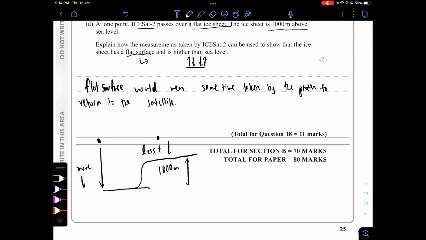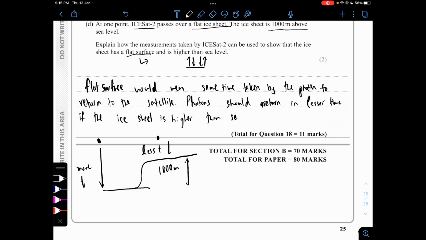So we should say the photons should return in lesser time if the ice sheet is higher than sea level. So we can say over here, it's a flat surface with the same time taken by the photons to return to the satellite. The other one should be to return in lesser time if the ice sheet is higher than sea level.